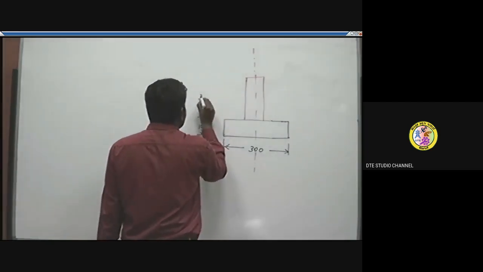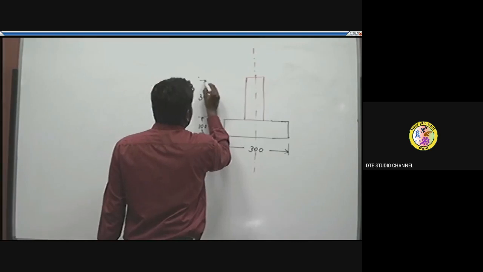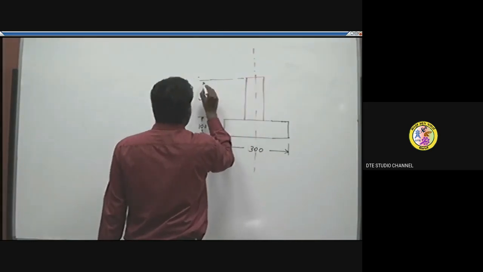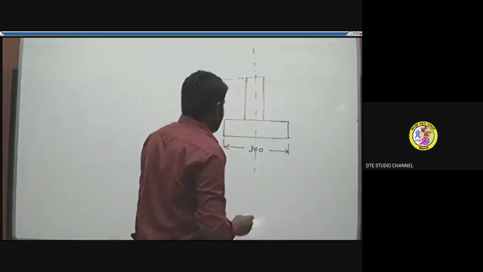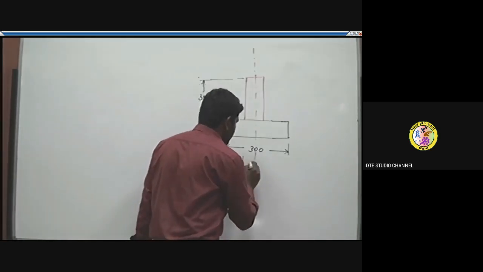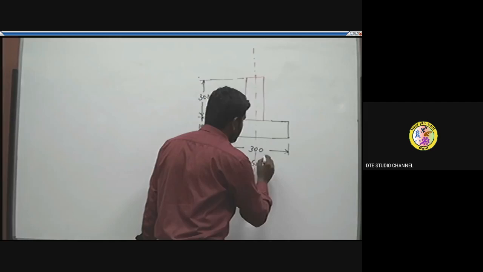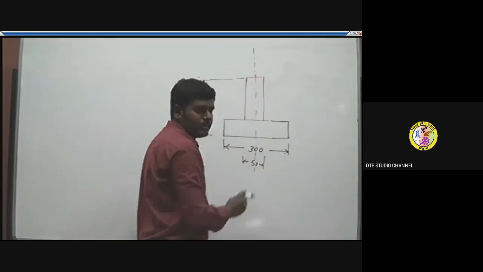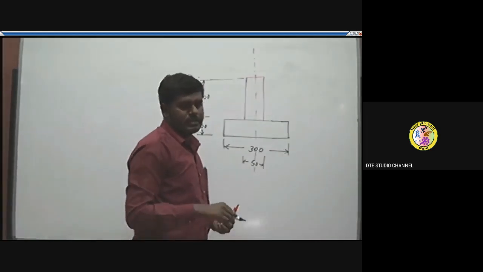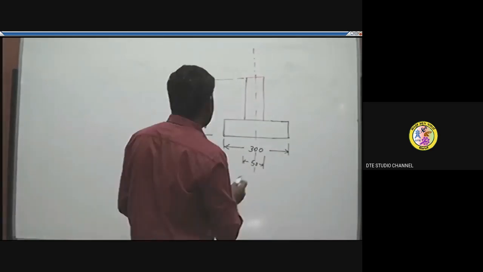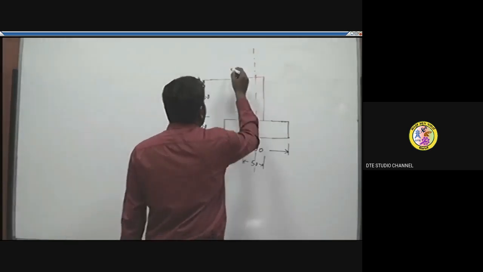The same I'm going to write here, and this is the 50. We take this breadth, and then given the top flange of 150 by 50, draw the other flange. So it has just 150.